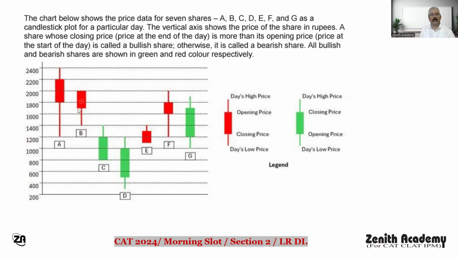For a green candlestick, this is the day's high price, and this lowest point is the day's low price, and this is opening, and this is the closing. Okay, let's see the questions.